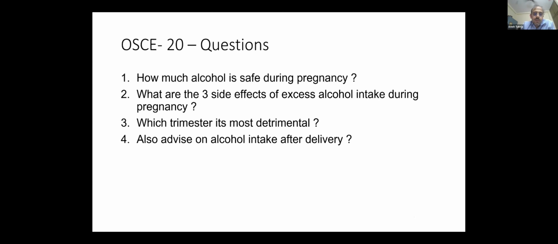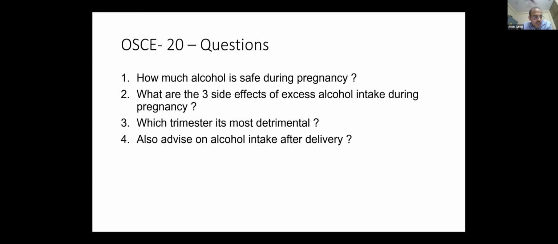How much alcohol is safe during pregnancy? What are the three side effects of excess alcohol during pregnancy? Which trimester is it most detrimental? Also advise on alcohol intake after delivery. Alcohol intake after delivery, can we take it or not?